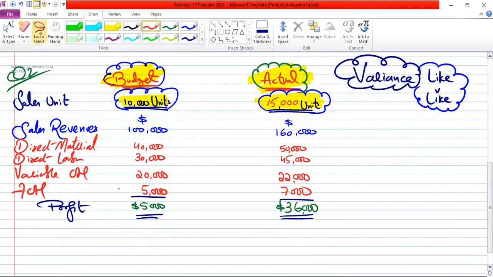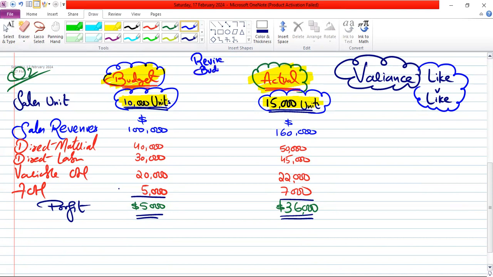If your actual and your budgeted units are not similar, you cannot do variance analysis until you revise your budget.